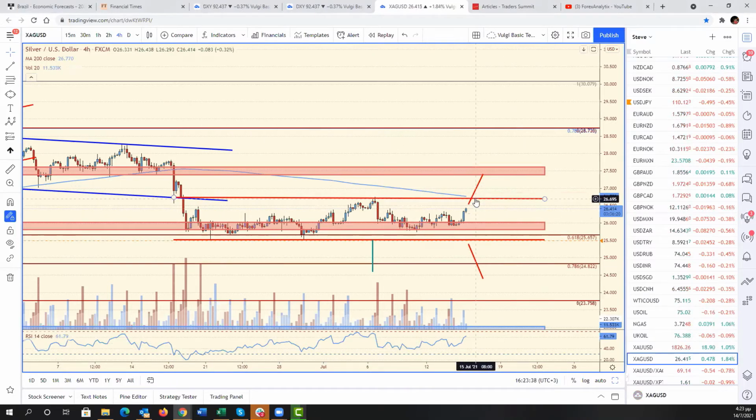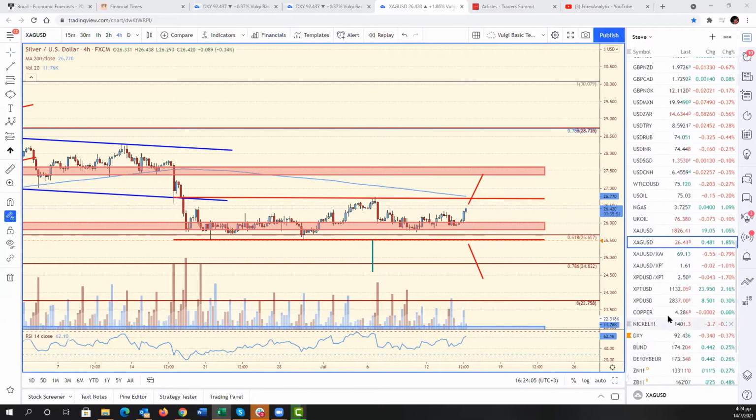Okay, so resistance, let's say 2670 to give it a little bit more space, and 2590 within the range. I know it is within the range, but it's the closest support. I'm going to put that one instead of the range's trend line support, which is at 2550. Obviously, that's the more important level, but the other one is closer.